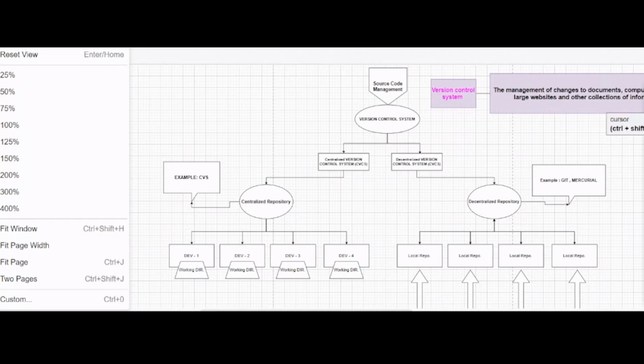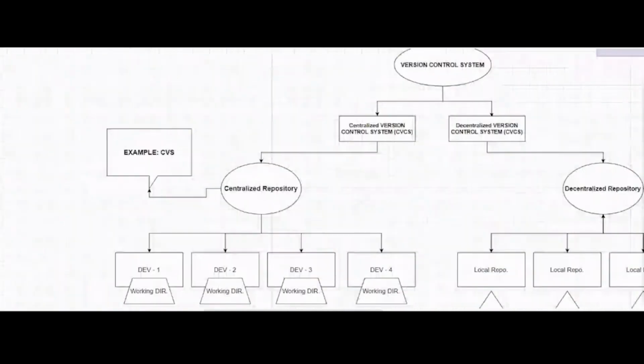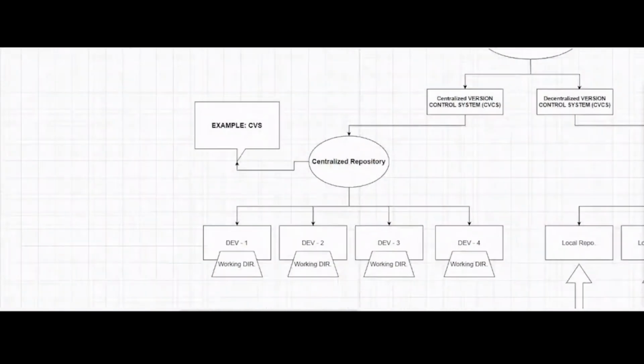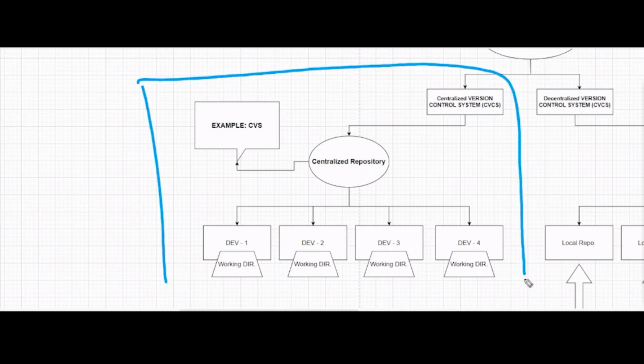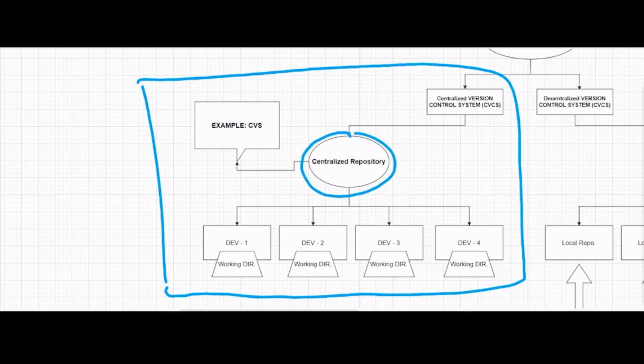So I'm zooming in. Yeah, so we are at the centralized version control system, and basically what happens in this case is that you have a central repository, which you can think of right now as the central folder.